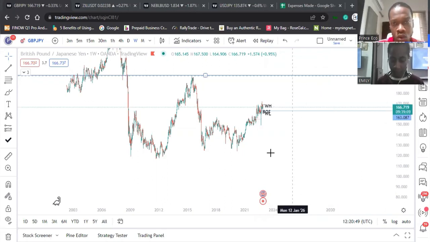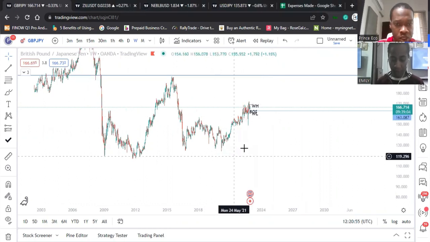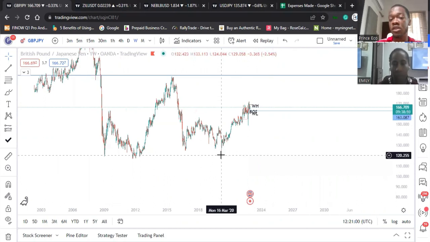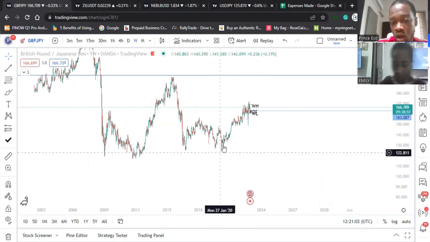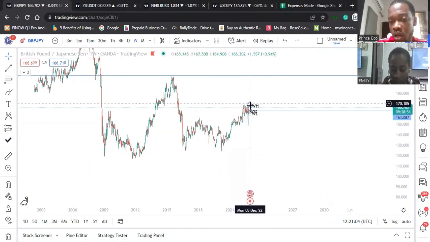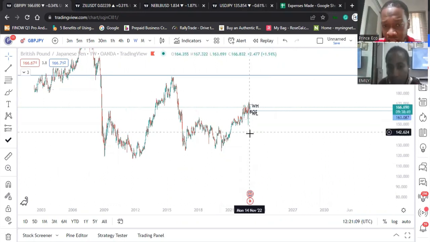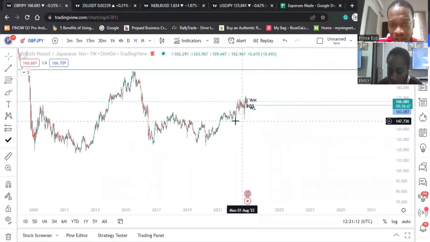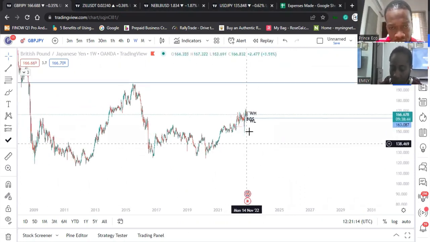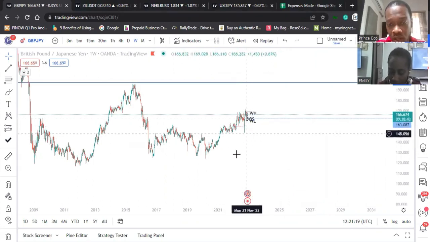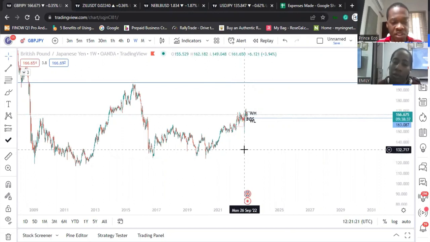If you look at it from here, you see the market has been creating higher low, higher high, higher low, higher high, again and again. And like I always say, wherever there's liquidity, the market will always go in that direction to sweep out liquidity, because liquidity, which is your money, is what moves this market.